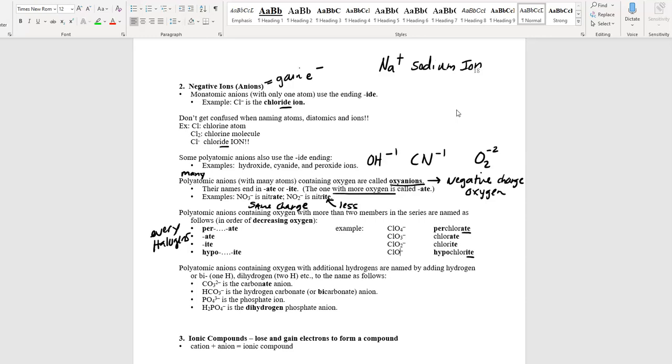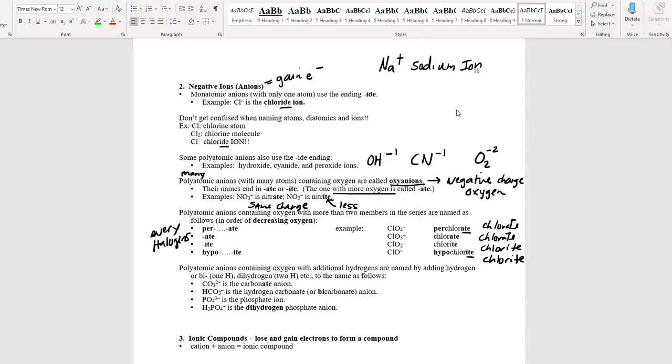So my trick is, write these first 2 the same word. Just write the same word for both of them. So chlorate, chlorate. And for the last two that have 1 or 2 oxygens, write the ITE.